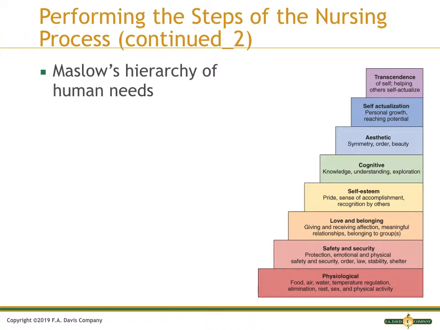So according to Maslow, he was a psychologist who came up with this theory that we need to have certain levels fulfilled before we can go on to the next level, right? According to Maslow, the first need was the physiological.